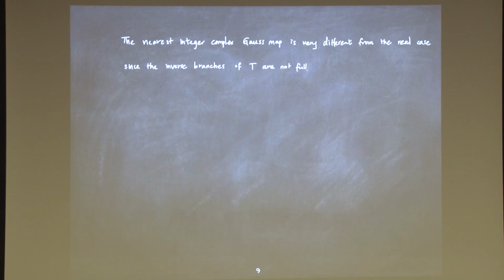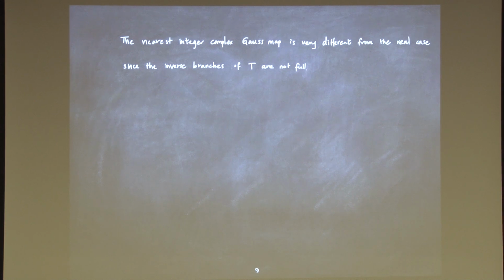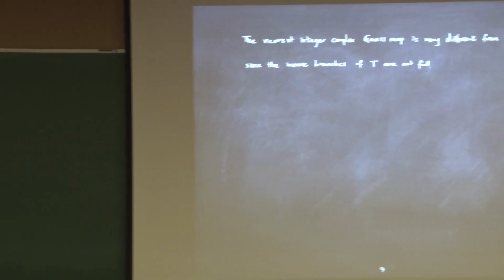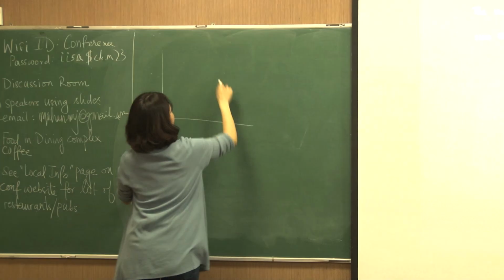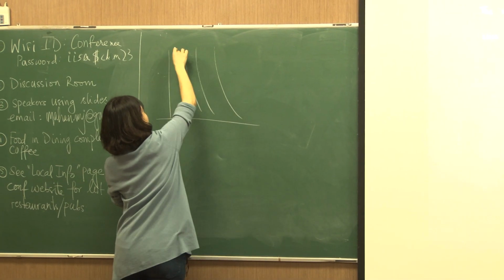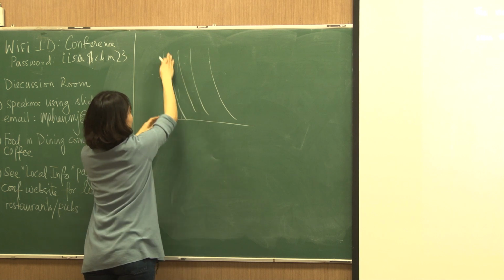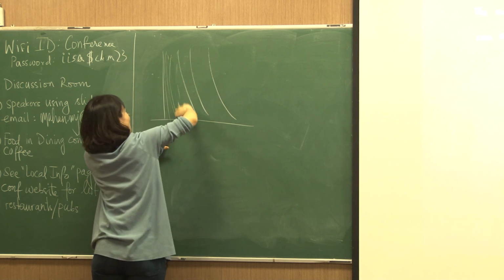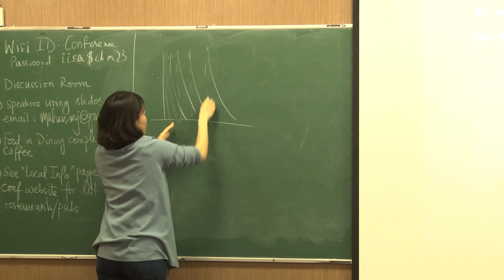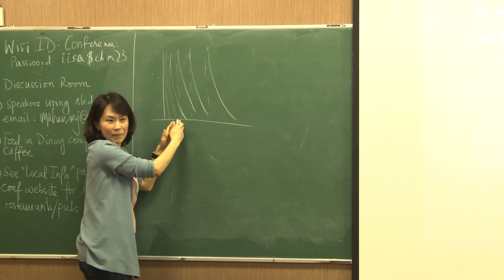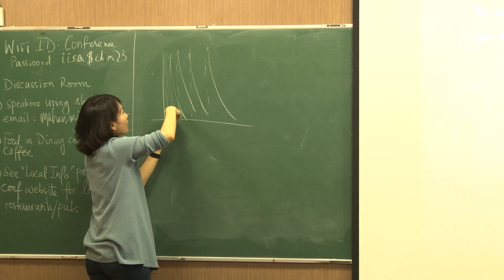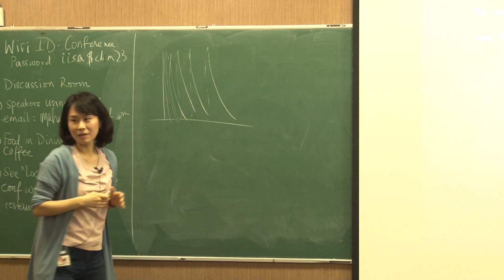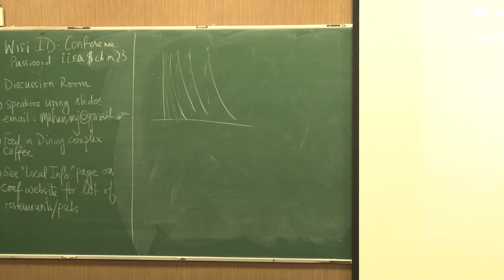In the real case, the Gauss map looks like this. For each of the branches, 1 over m and 1 over m plus 1, the image is everything, whereas in this case we don't have that. That's the biggest difference.